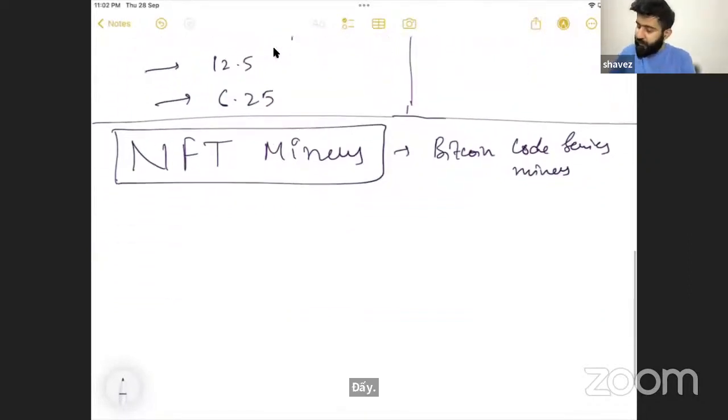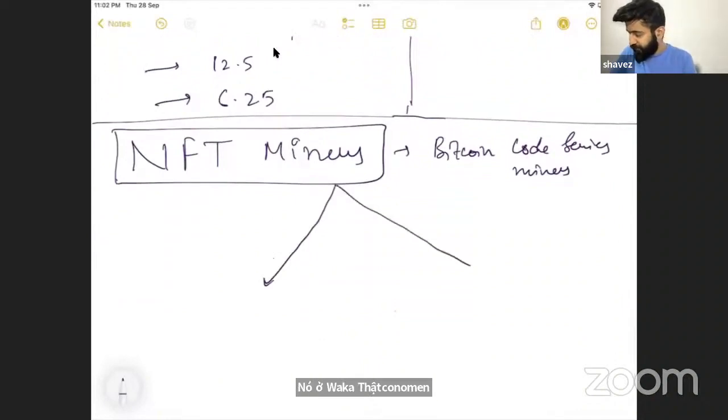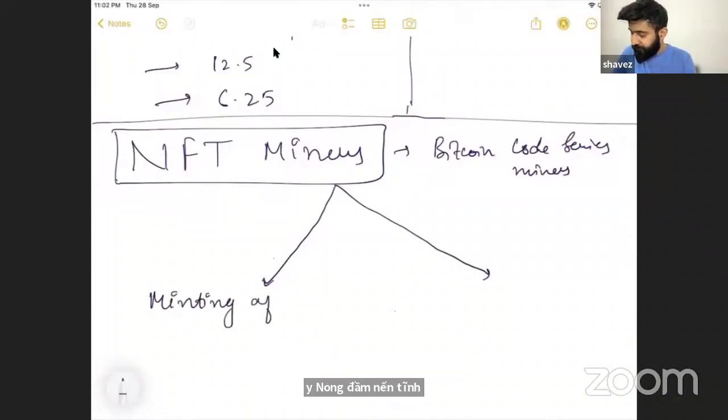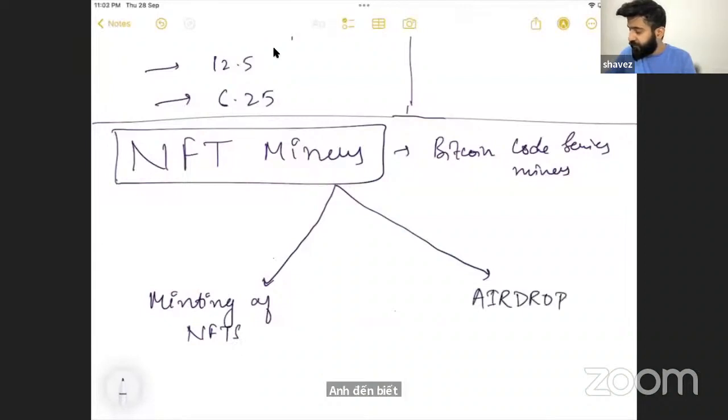Now, what are the components to start mining right now? The minting of NFTs, and then the airdrop of gas fee to connect your miner to the node.